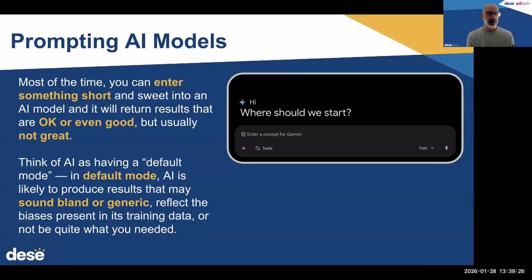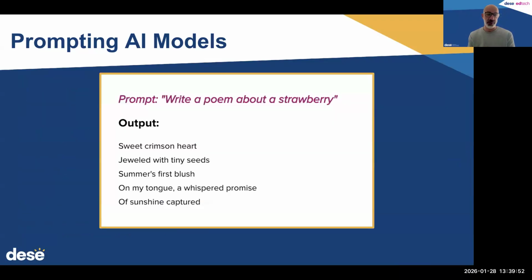This default mode is likely to produce results that may sound bland or generic, reflect the biases present in its training data, or not quite be what we need in terms of being helpful. So what we have to know how to do is have approaches or strategies we can use to move beyond generic output, move beyond unclear and imprecise expectations of these language models.